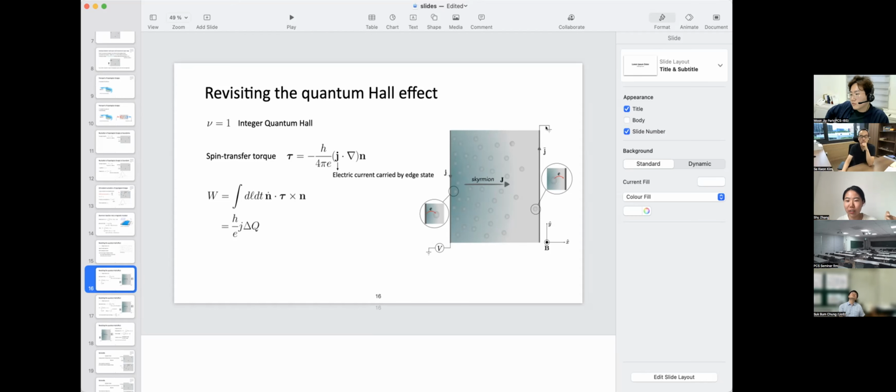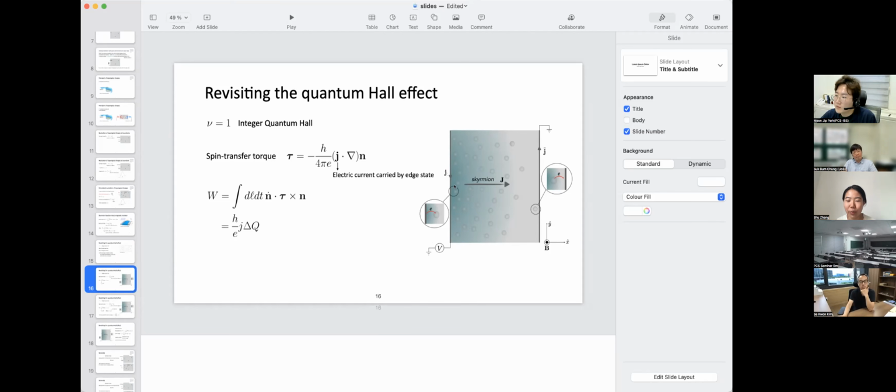So yes, the horizontal direction is the longitudinal direction for applying the electric field. I see. In the perfect quantum Hall plateau, there should be only transverse current, right, at one edge and the other edge is zero. But because of the skyrmion excitation here, there is a leakage along the direction of the electric field.